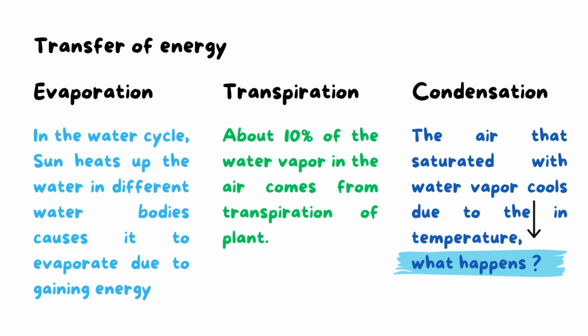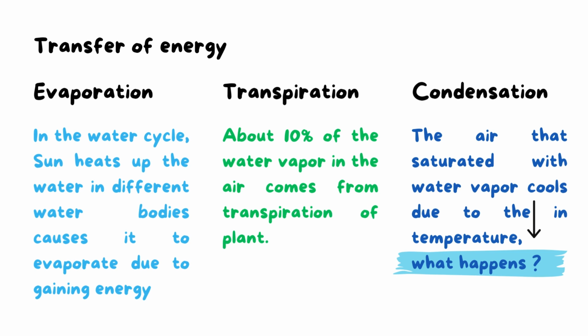We have here condensation. What is the transfer of energy in the condensation process? The air that is saturated with water vapor cools due to the decrease in temperature. So what happens when the water cools?